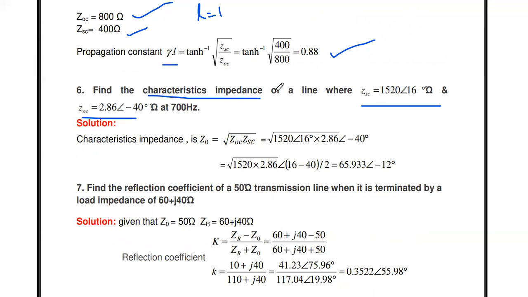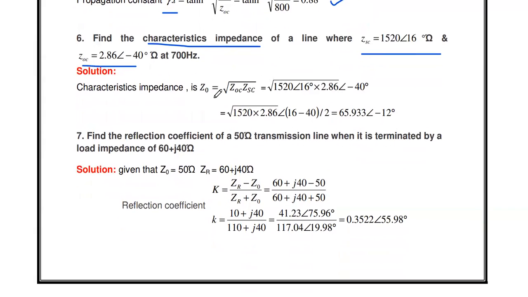The question is to find the characteristic impedance. You know the characteristic impedance is equal to the square root of ZOC into ZSC. So you just substitute here.